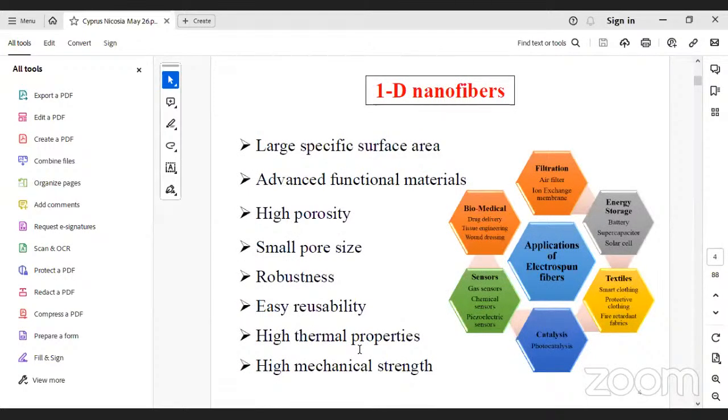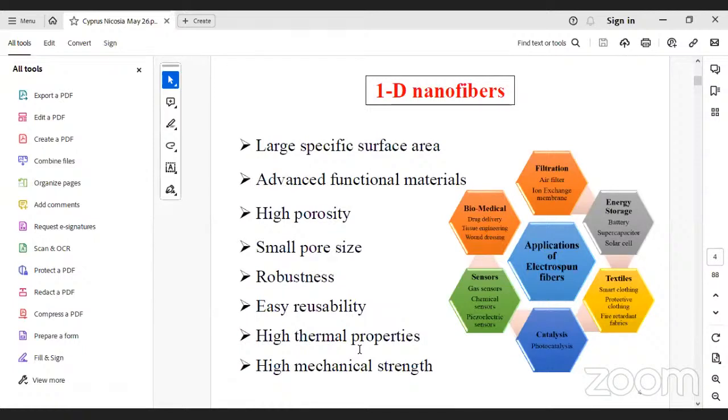1-dimensional nanofibers. When we talk about dimensions, as I mentioned in my previous slide, 0 dimension, 1, 2, and 3 dimension, here we are talking about 1-dimension nanofibers. Why 1-dimension nanofibers? Before going into that, on the right side there are the applications of electrospun nanofibers.